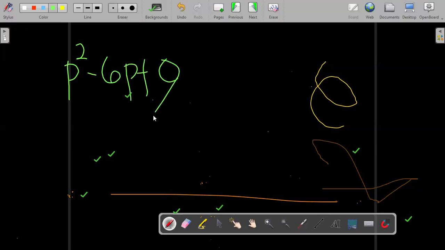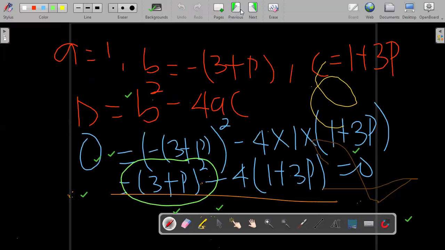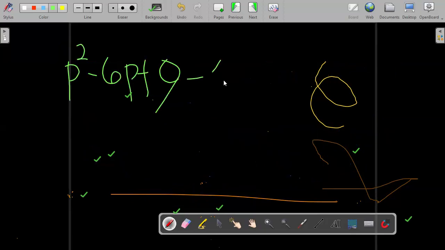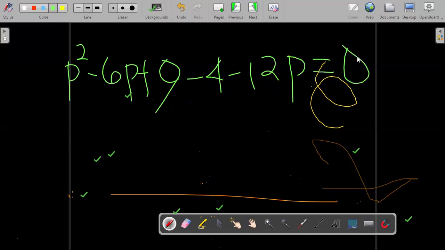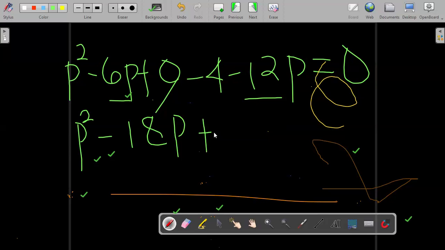You can try that out. If you expand it, it will give you that. Then I will use minus 4 to open the bracket. That will give you minus 4 minus 12p. Minus 4 minus 12p is equal to 0. So if I rearrange by adding p and p, I'm going to have p squared minus 18p, plus, what do I have there? Plus 5 is equal to 0.